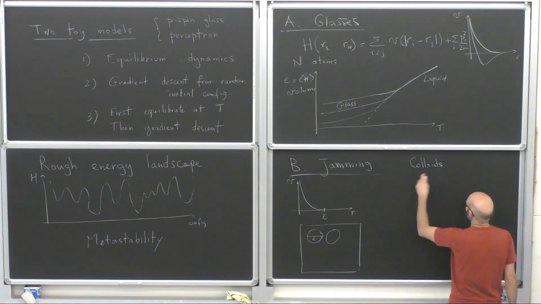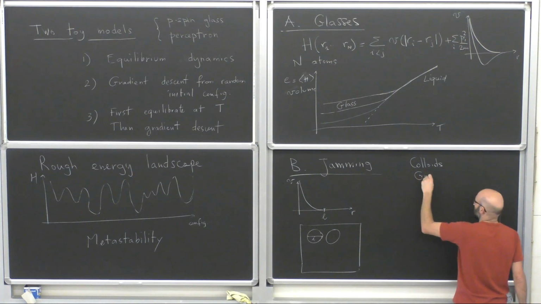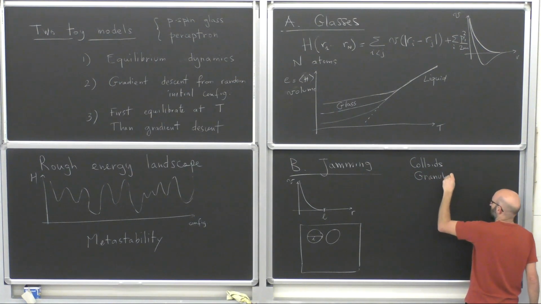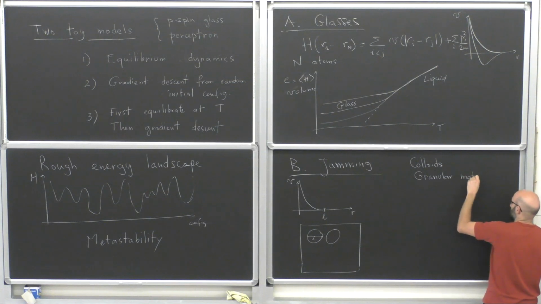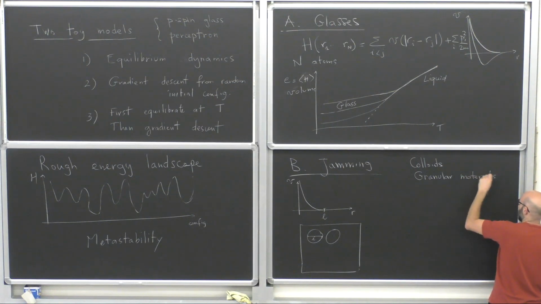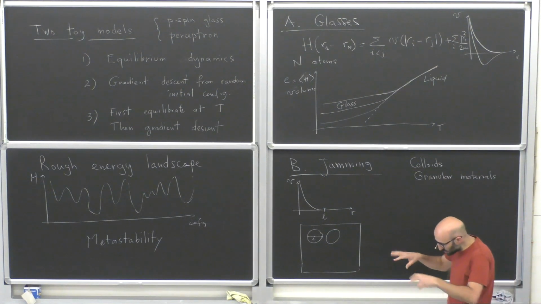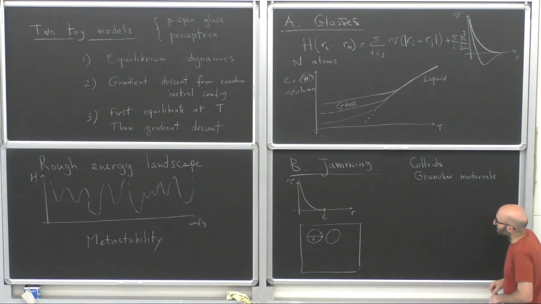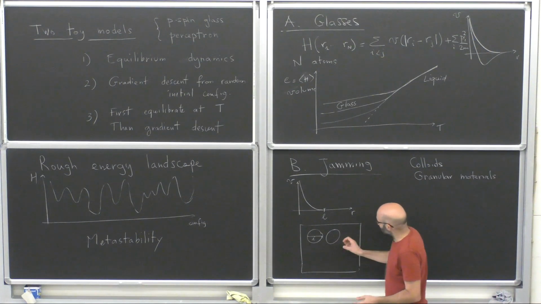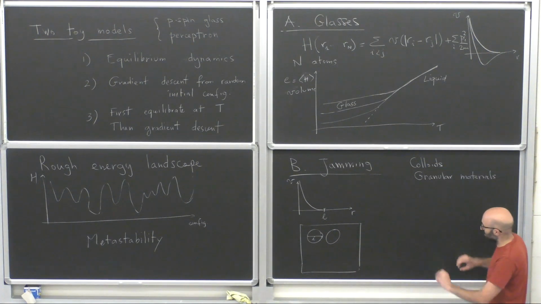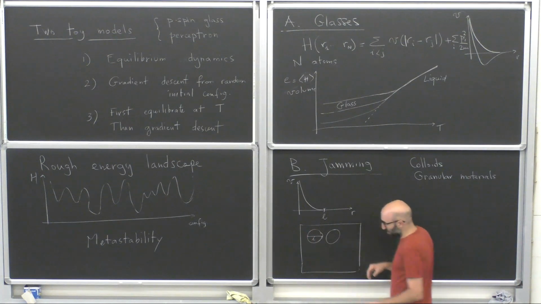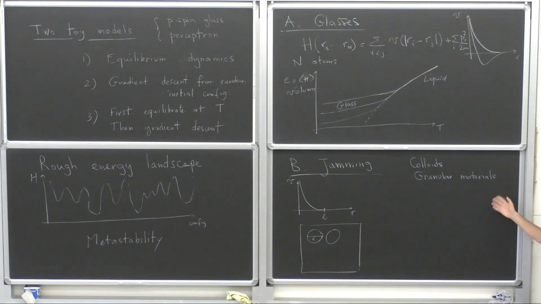So you can think of colloids, or you can think of granular materials and other kinds of materials. So colloids are typically mesoscopic particles that you put in a suspension, and because they are mesoscopic, you can think that, well, when they are far away, they don't see each other. And granular materials are like, I don't know, rice, coffee.